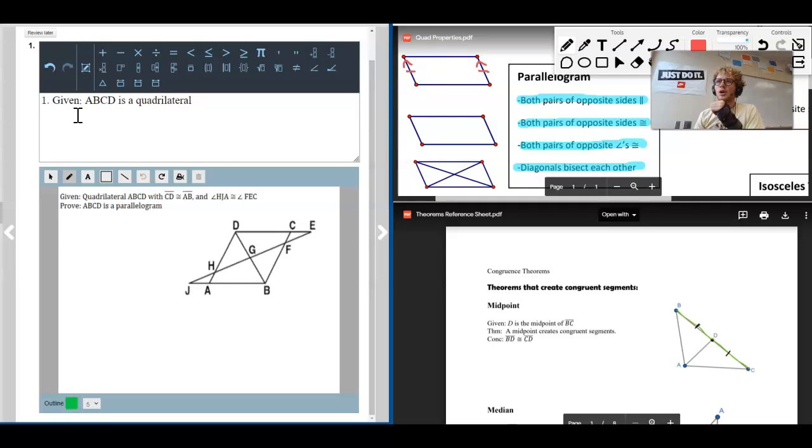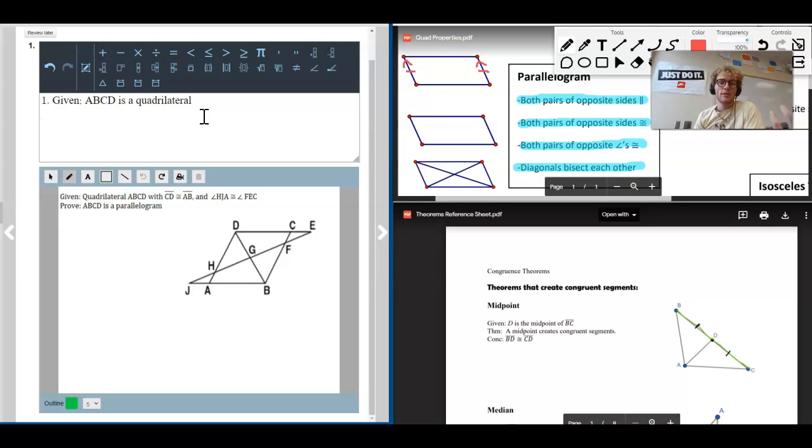Okay? So, over here, I have a proof. The first given is that ABCD is a quadrilateral. Just like always, if you have no idea where to start, you start with your first given, and you get that down. You're getting at least 1 point for that. There's nothing we can really do with that.